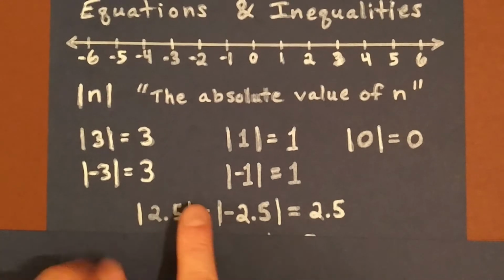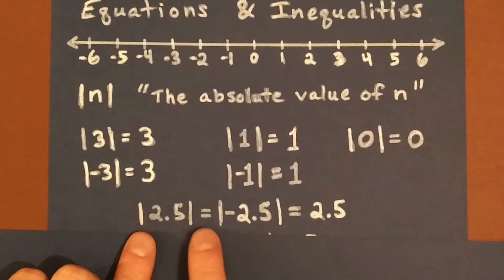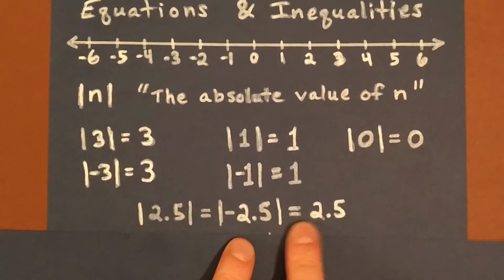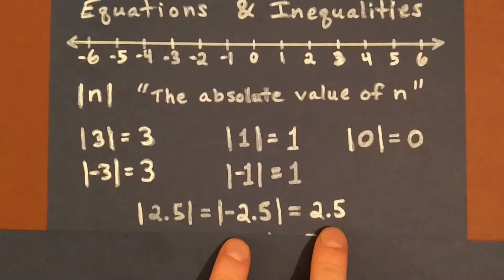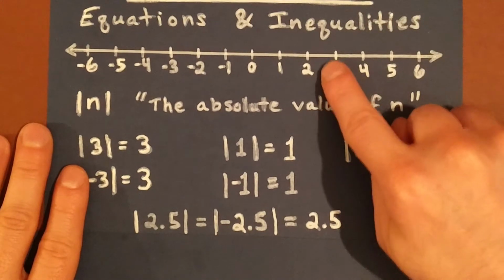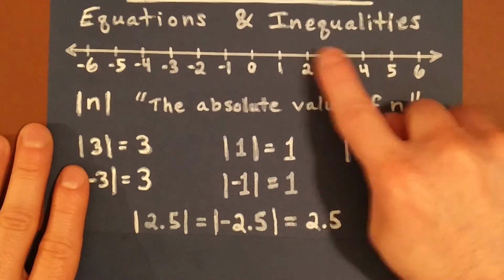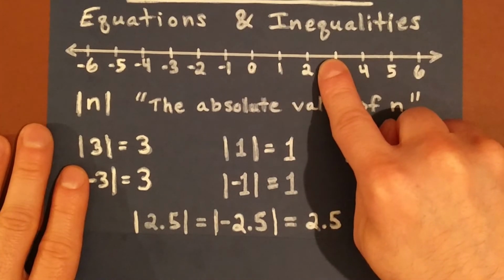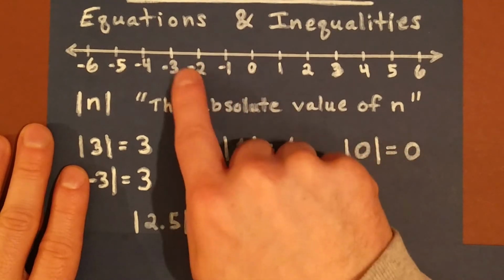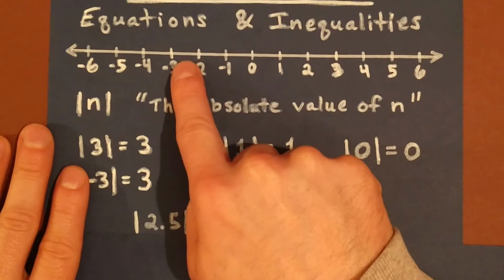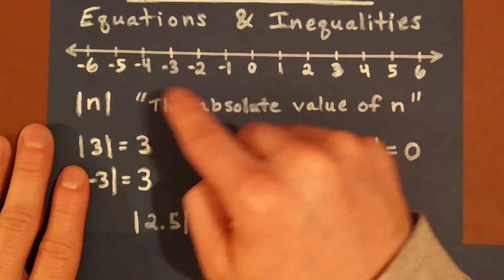So the absolute value of 2.5 equals the absolute value of negative 2.5, and they both equal 2.5. So right here, between 2 and 3, right in the middle, that's 2.5, and it's 2.5 units away from 0. And negative 2.5 here between negative 2 and negative 3, and that's 2.5 units away from 0 in the other direction.